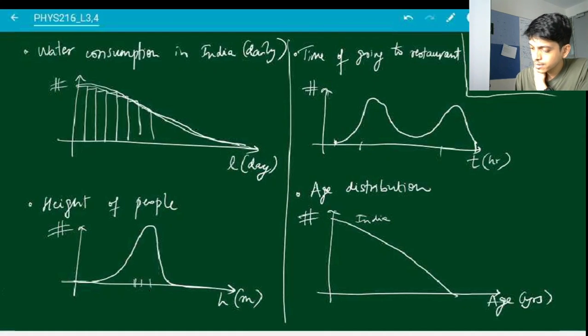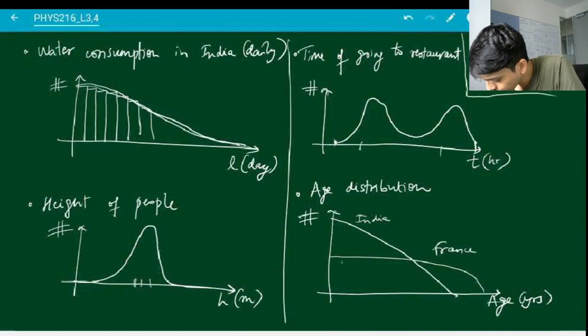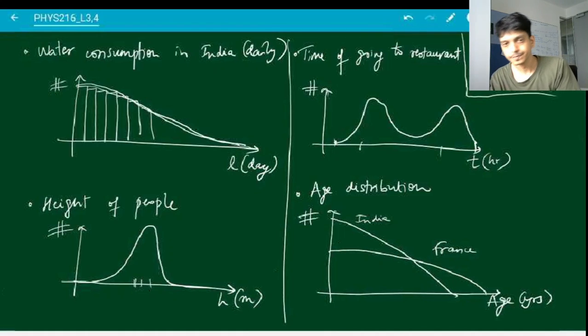However, if you look at a country like France, their population growth isn't quite as large. So their distribution actually looks like this. We have a lot of young people, not too many old people, and France is much smoother. It looks almost flat. I don't think it's supposed to be flat, but maybe something like this.